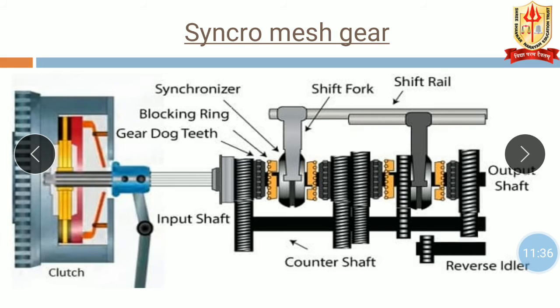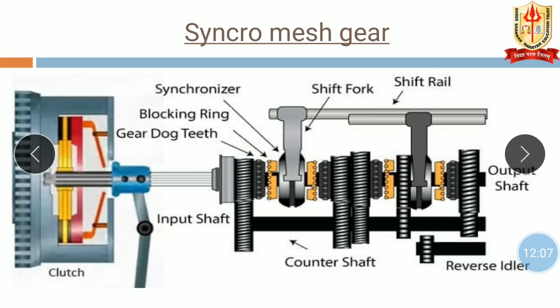For the purpose of smooth gear changing we require this synchronizer. First the synchronizer gets in contact with that particular gear, and due to friction the speed is synchronized. After that this dog is combined with that particular gear and rotates with the same speed. So this is how the synchronous gearbox works.